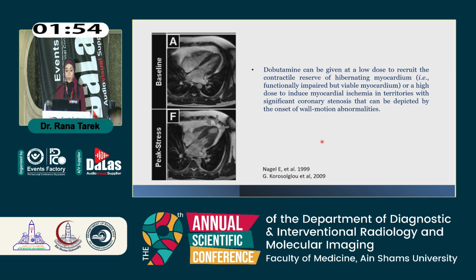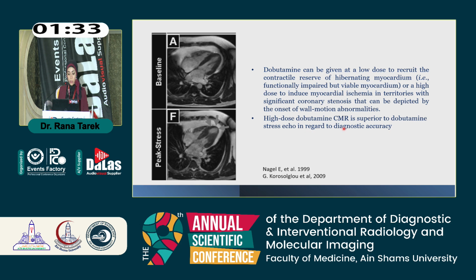What's hibernating myocardium? It's a functionally impaired but viable myocardium. It's suffering from ischemia, and so to face this ischemia, it decreases its contractility. Or a high dose can be given to induce myocardial ischemia in territories where significant coronary stenosis is there.